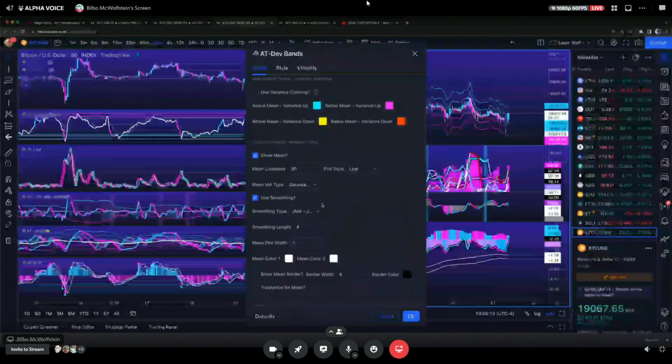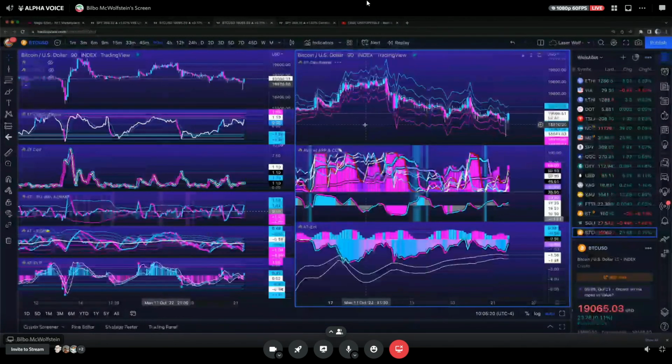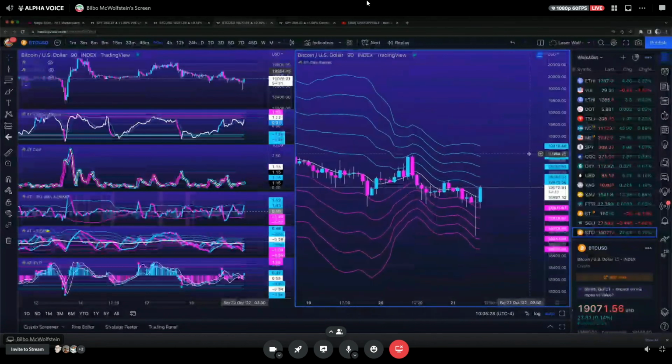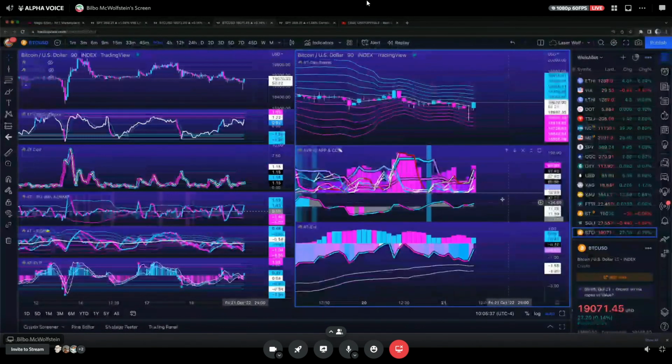Let's put all 5 on. Probably 4 standard deviation. Yeah, 4 standard deviation. And then whoop, right back up to the 1SD. Those are 90-minute levels. Nice bull div. Boom, boom. Nice bull div.